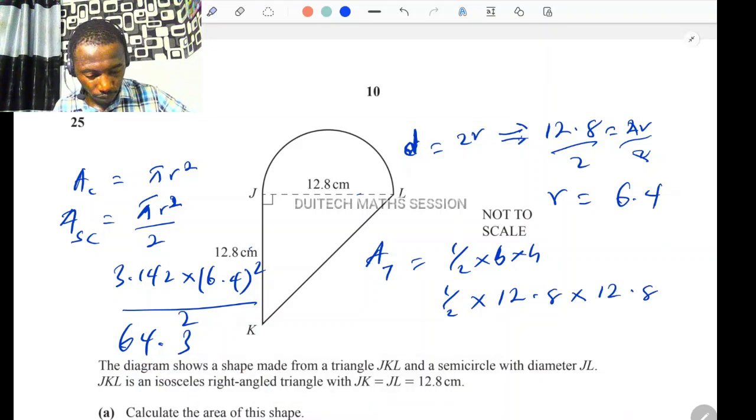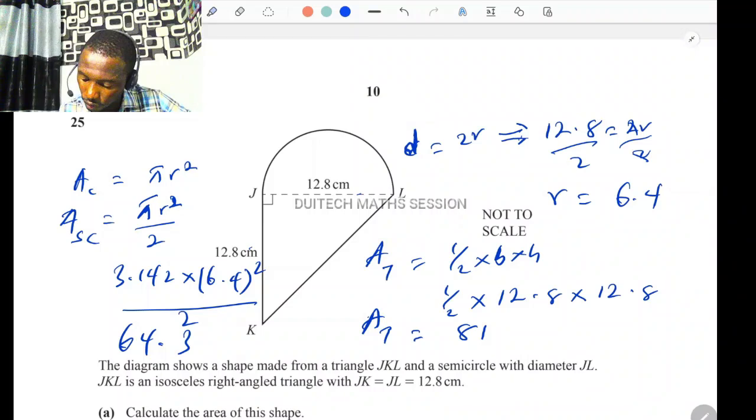So 12.8 square times it by 0.5. So we have the area equal to 81.92.